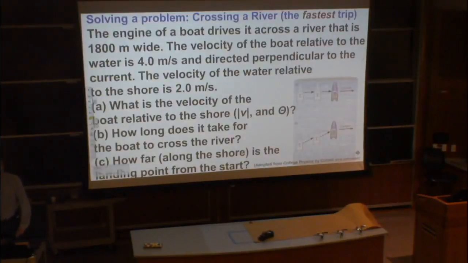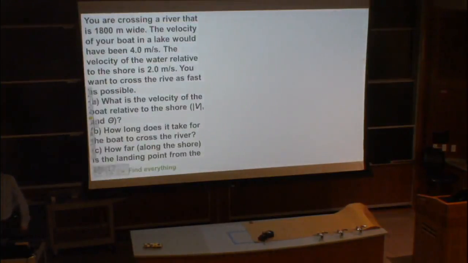Fastest trip. So we want to travel as fast as possible. That means we have to aim like this. This should be the velocity of the boat relative to the river, but due to the stream, we are being dragged down.